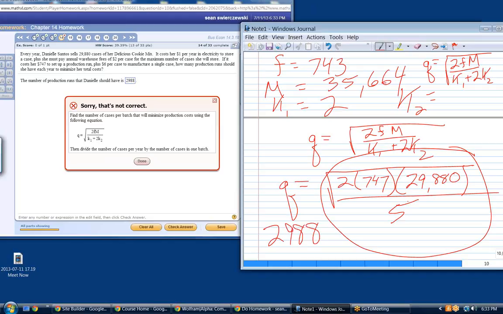So there's 2,988 units in a batch? No, it's the number of production runs. So we have to divide that by something.